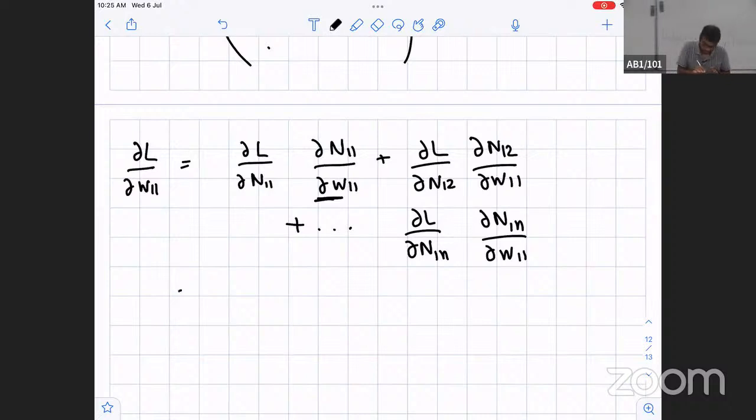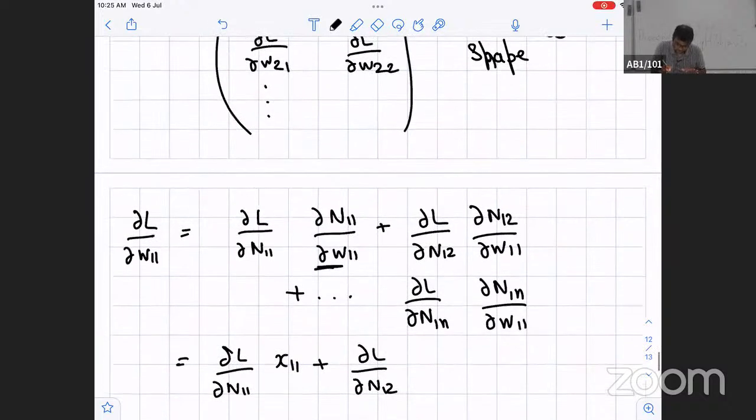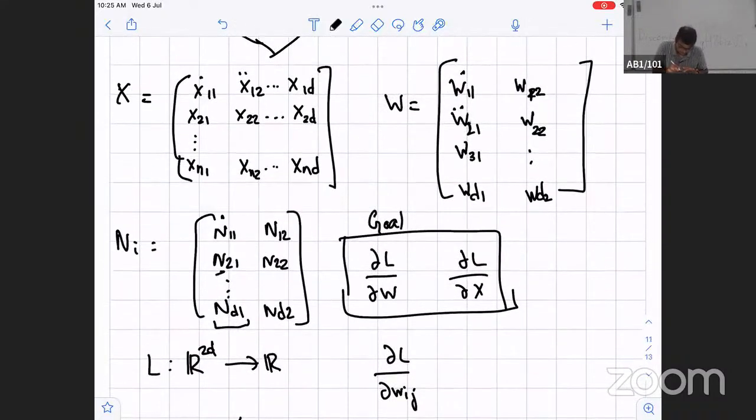Okay, so this is dL by dN11 times x11 plus dL by dN12 times x21. Do you see that? Yes, no?